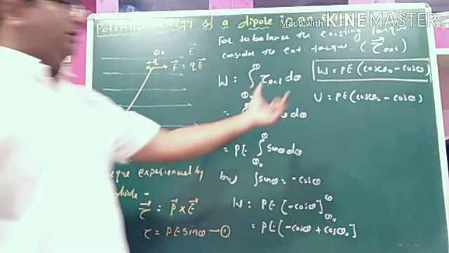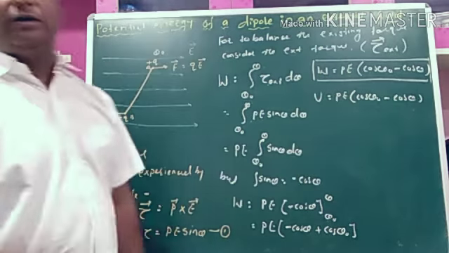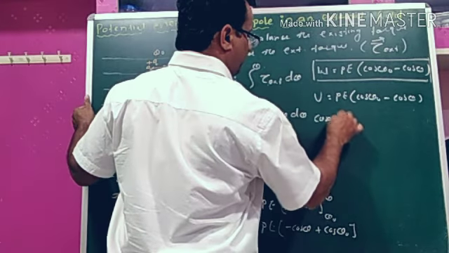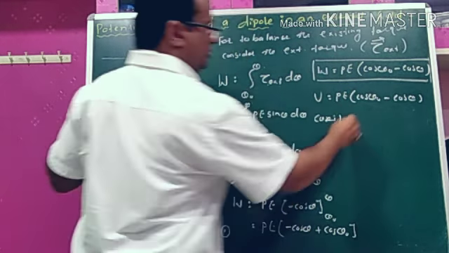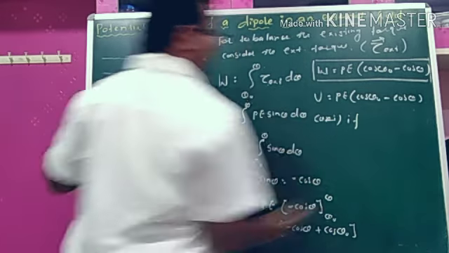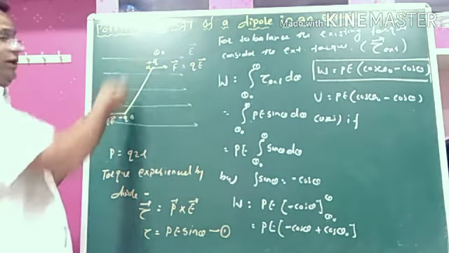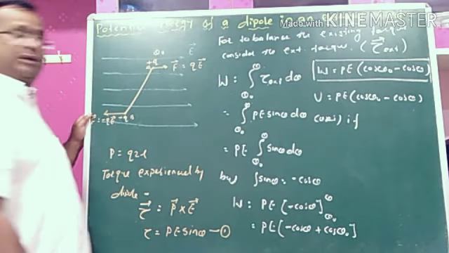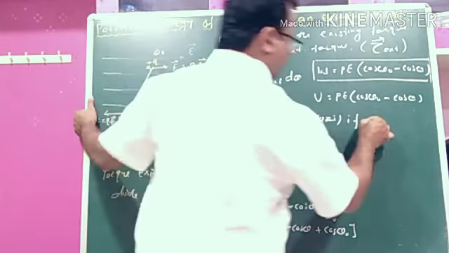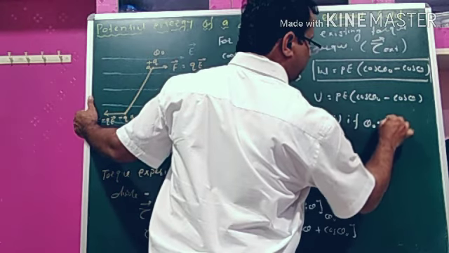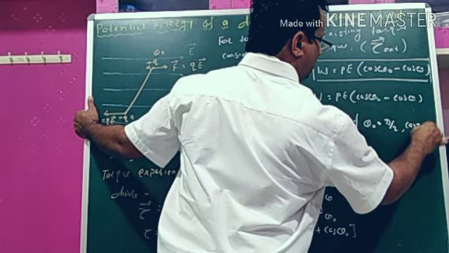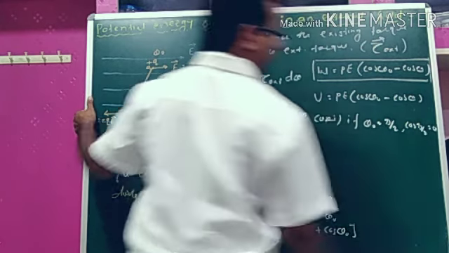Now using this equation, we want to see the different cases. Case 1: suppose initially this dipole is placed perpendicular to the external electric field. Then theta 0 is equal to pi by 2, and we know that cos pi by 2 is equal to 0.